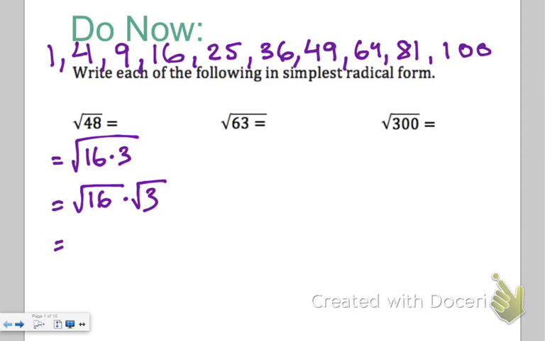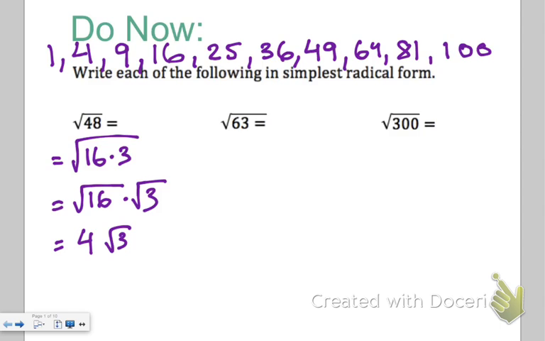The square root of 16 simplifies to 4, and the radical 3. Again, 3 is a prime number. We can't break it down anymore. So if you notice, it was fewer steps, and we ended up with the same exact answer. So what's beneficial here is if you start factoring using the largest perfect square number.